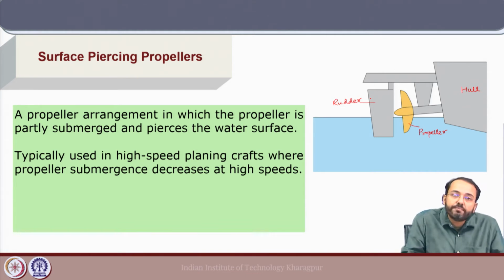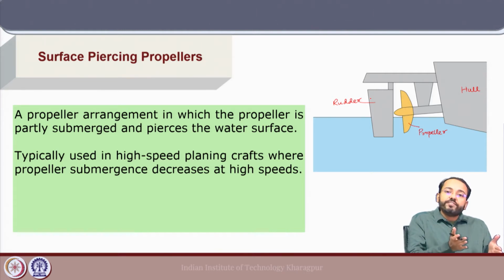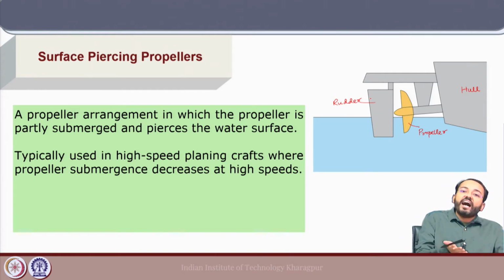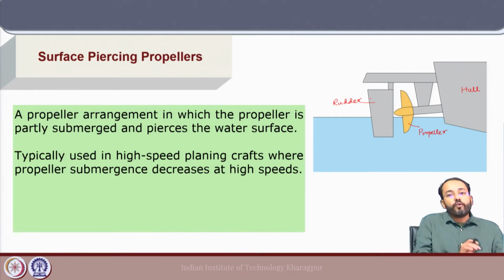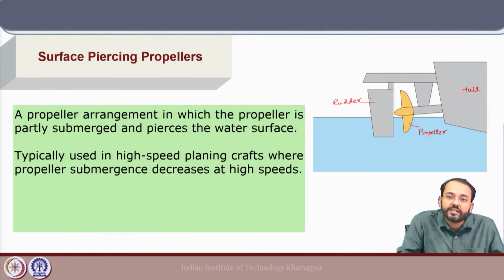For these high speed planing crafts, during their operation at high speeds, the hydrodynamic lift provided by the craft itself balances a part of the weight, and hence the draft will decrease in the planing modes, and that changes the propeller submergence. So, for these specific kinds of vessels, the use of surface piercing propellers becomes important.